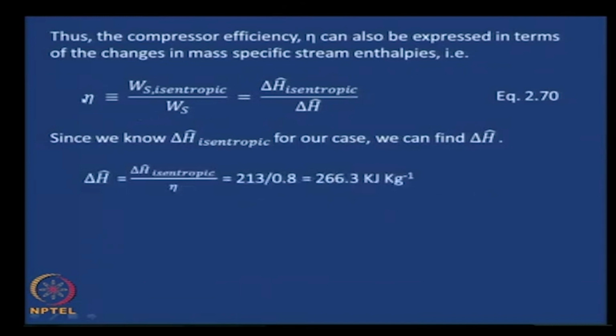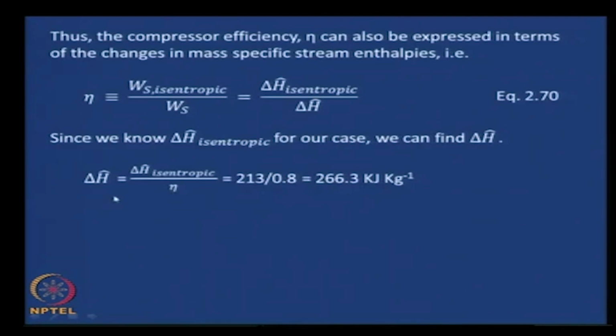Delta H hat, by transposing this equation, turns out to be delta H hat isentropic divided by eta, the efficiency of the compressor, that is given as 0.8, and delta H hat isentropic we have already calculated as 213. Therefore, 213 divided by 0.8 turns out to be 266.3 kilojoules per kilogram.